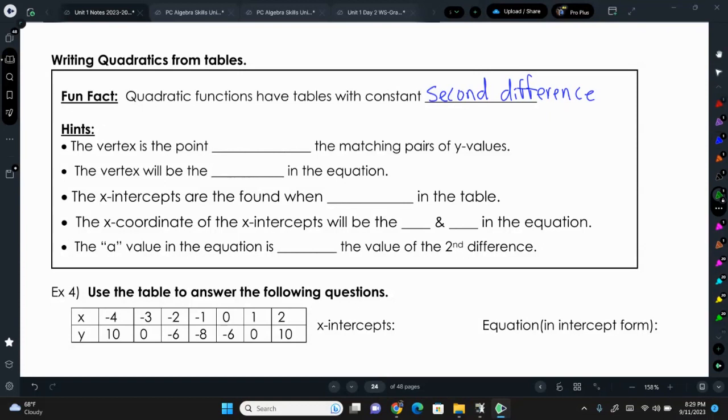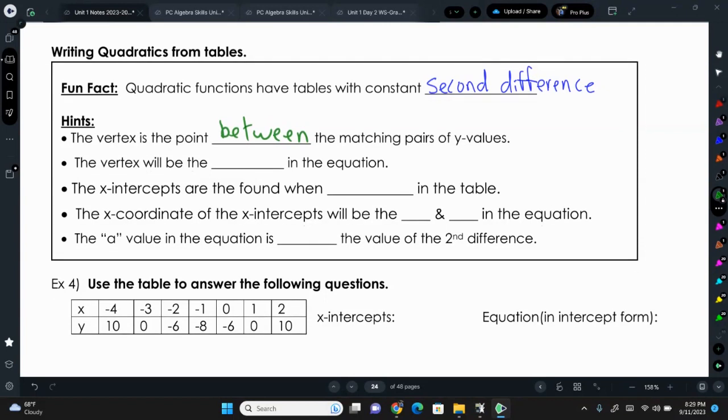So it says the vertex is a point between matching y values. So when we graph quadratics, remember we started at the vertex and then we went one x value on each side, and those y values were the same. So we're going to kind of go backwards and look and see where the vertex is. The vertex will be h comma k in the equation.